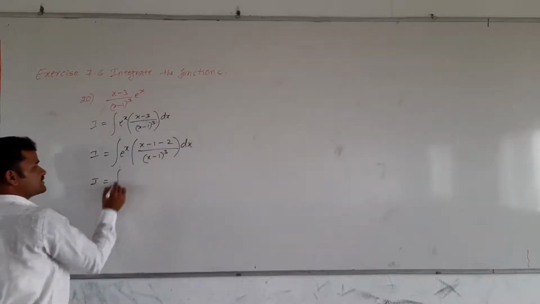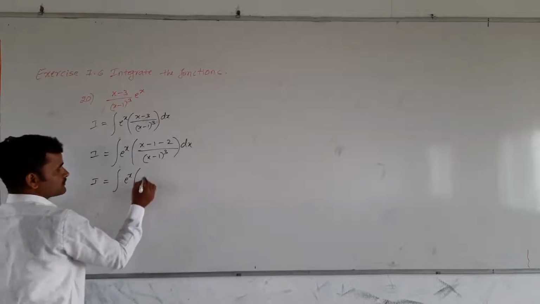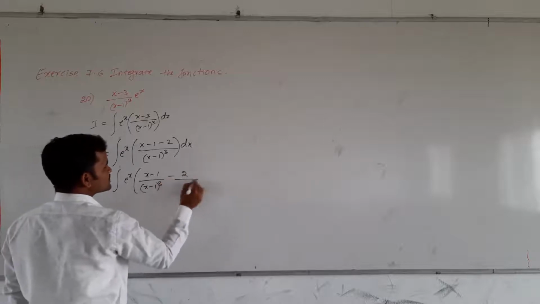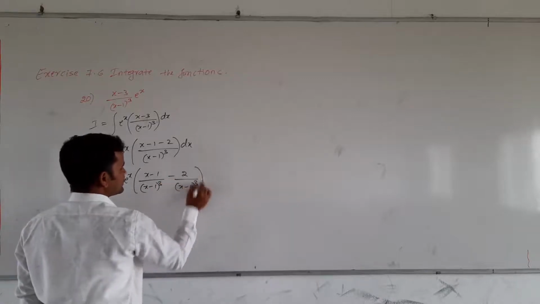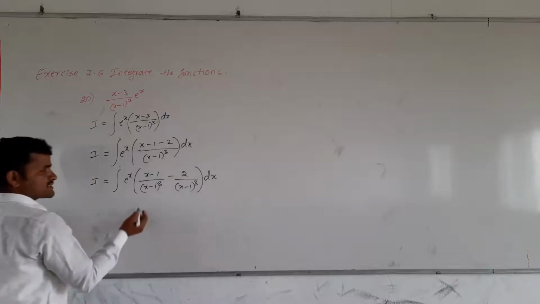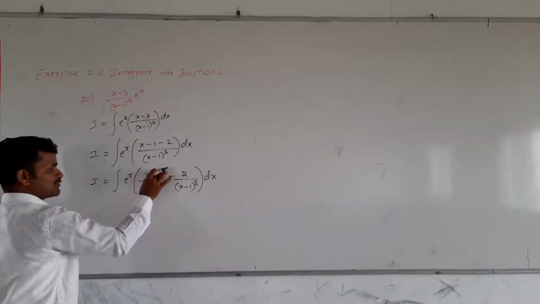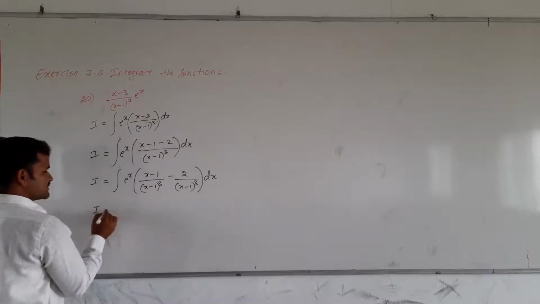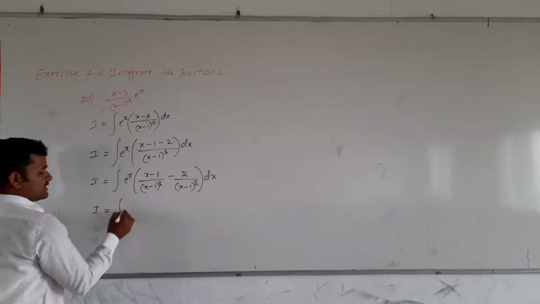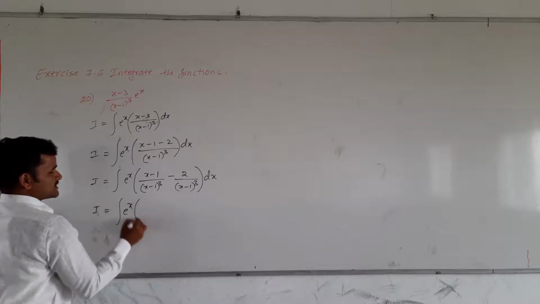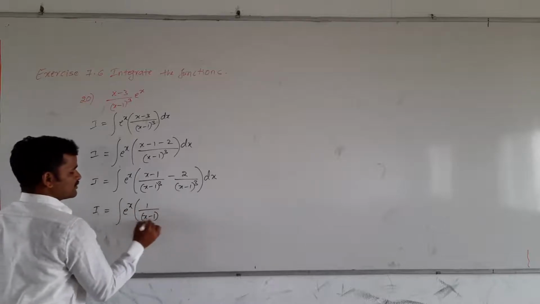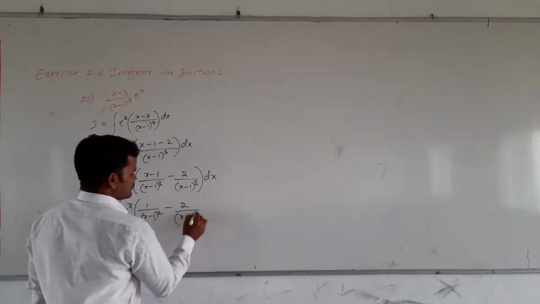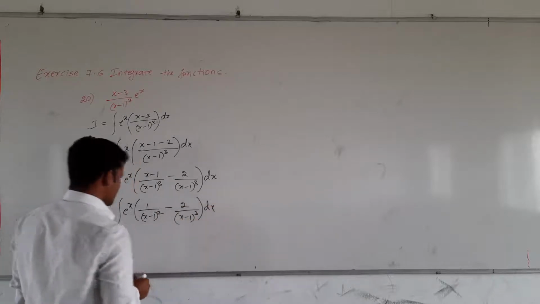This is I is equal to the integral of e raised to x into x minus 1 by x minus 1 whole cube and minus 2 by x minus 1 whole cube, integrating with respect to x. One time x minus 1 whole cube gets cancelled out, here 3 times, one time it gets cancelled out. Then we have the integration of e raised to x into 1 by x minus 1 whole square minus 2 by x minus 1 whole cube into dx.